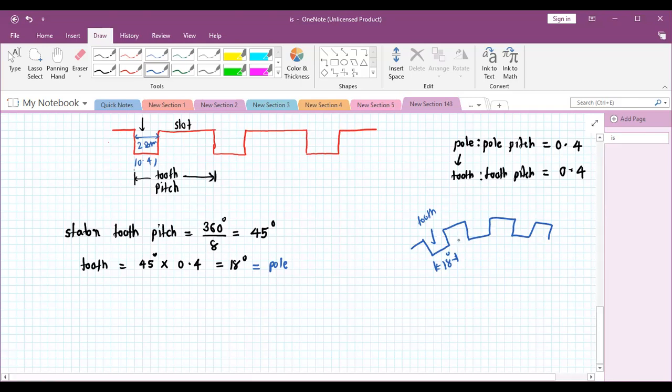And what is the meaning of 45 degree? This is the meaning of 45 degree, which includes the tooth as well as slot. 45 degree includes tooth as well as slot, but tooth width only includes tooth. Is it clear now, Derek? What is the difference between 18 and 45? Yeah. Okay.